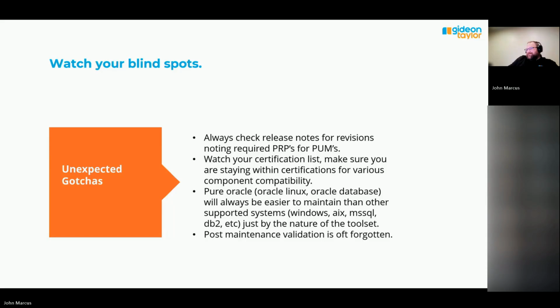Because sometimes it doesn't, and sometimes you're scratching your chin wondering why, until you realize, oh, I forgot to move this, or this DMS failed, or various reasons. But this keeps you from leaving it in a bad state before you hand it back to the business for them to continue on with the business. So don't ever skimp on post-maintenance validation.